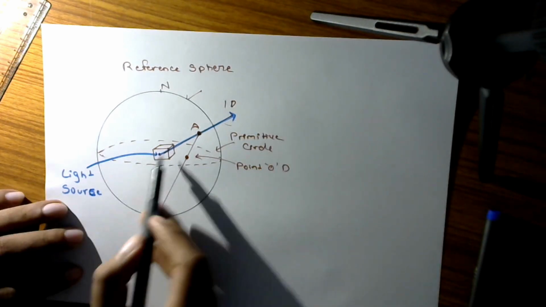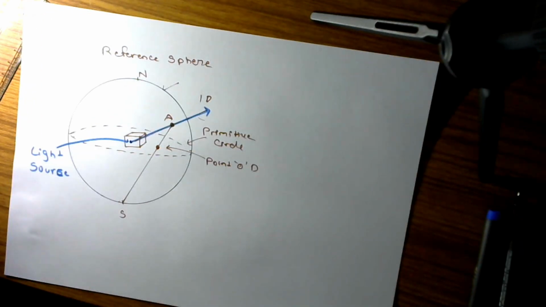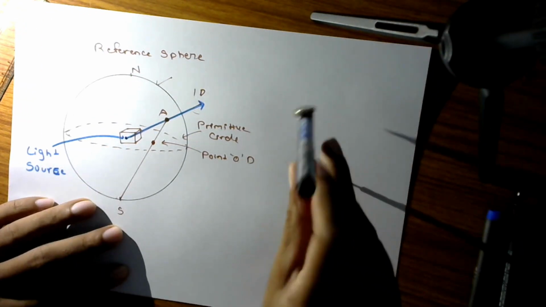Now one can draw this primitive circle itself. It will be of the same radius.